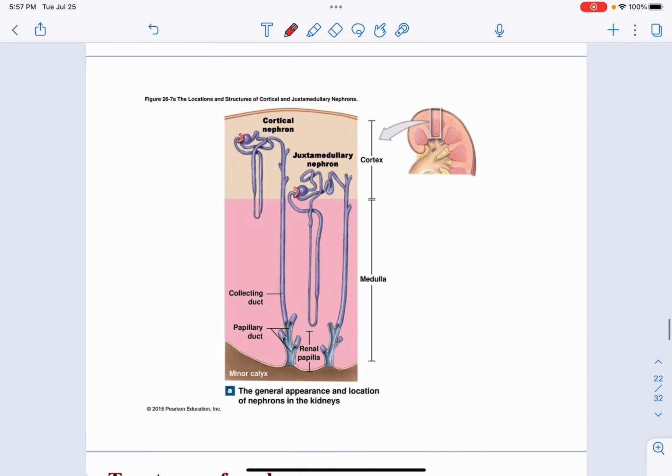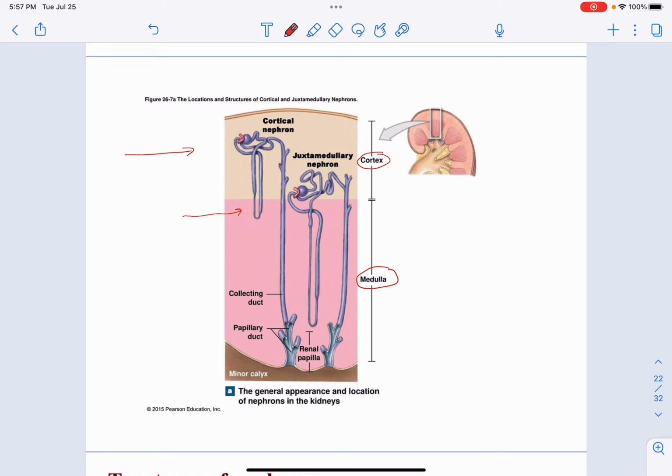So you can see here's the cortex. Right here is the cortex of the kidney. Here is the medulla. Just to give you an idea of how the nephron is sitting, and I'm going to talk about these two different types of nephrons in a minute, you can see that the loop of Henle actually dips down into the medulla a little bit.